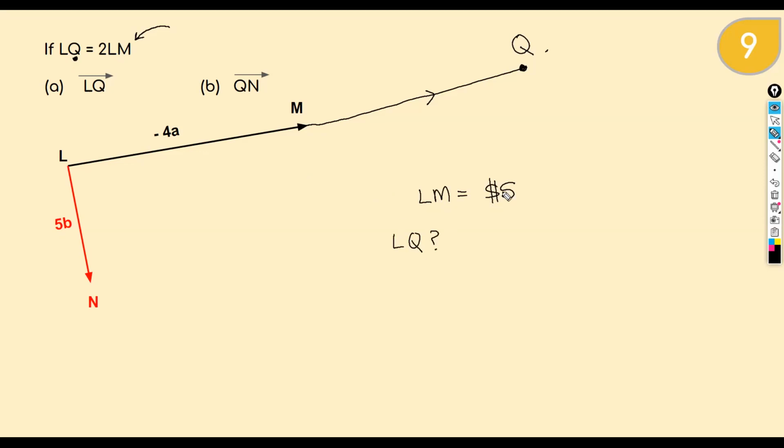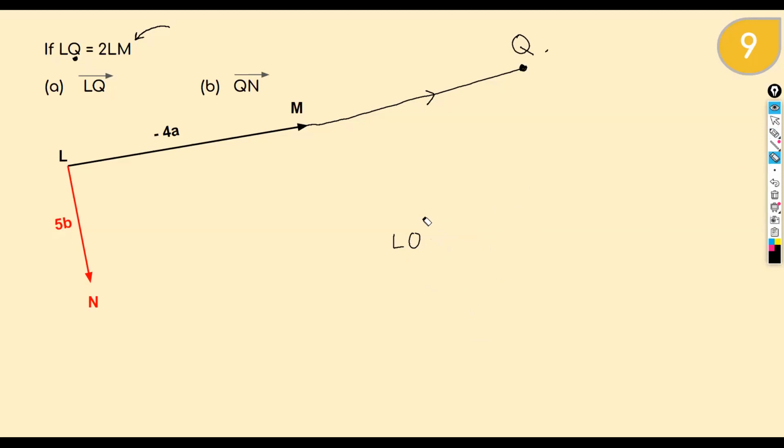If LM is $5, how much is LQ? $10, right? Because the examiner said, to find LQ, you have to take LM and multiply it by 2. There's a secret multiplier in between here. So that means LQ is 2 multiplied by 5, which is 10. So LQ is twice LM.